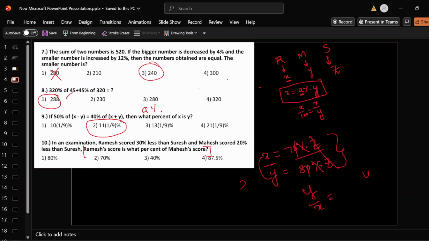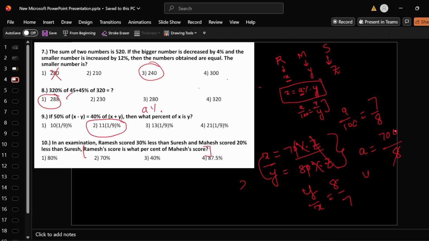Here we have x by y, let's do the reverse. Y by x equals to 8 by 7. And substitute the x by y value here. A by 100 equals to, x by y value is 7 by 8. And a equals to 700 by 8.